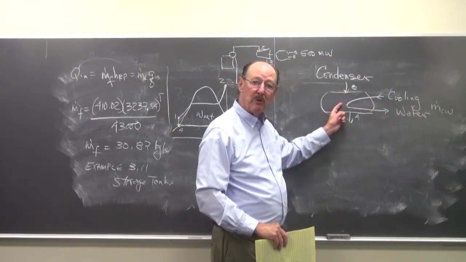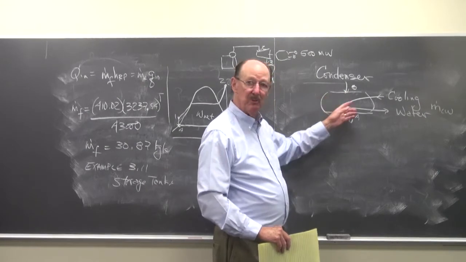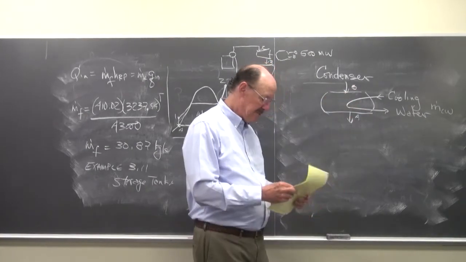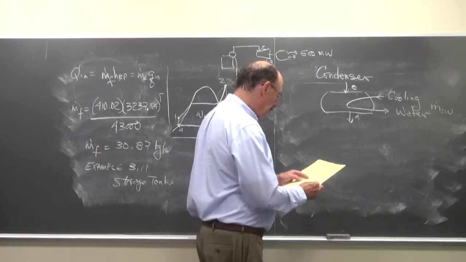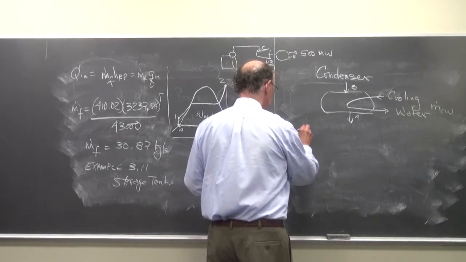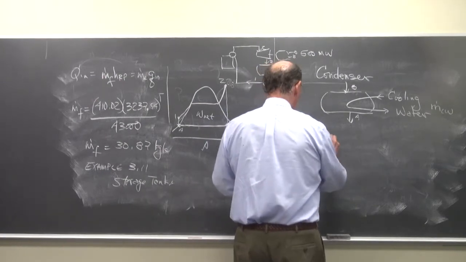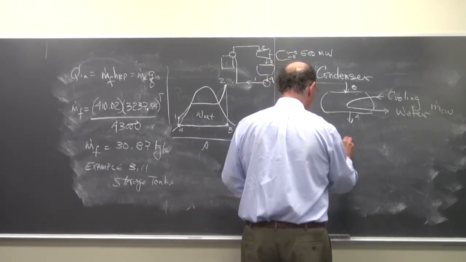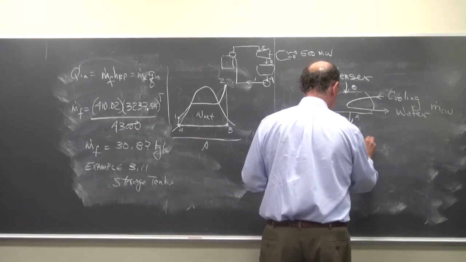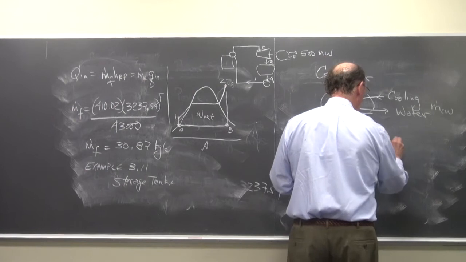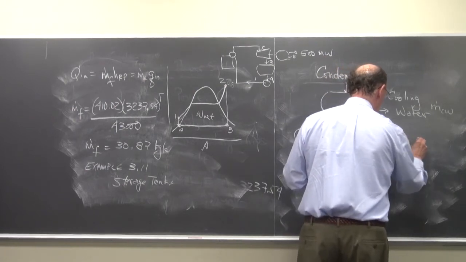The cooling water will go through the tubes. These are shell and tube heat exchangers. It will go through the tubes and out, and the steam condenses over the tubes. And then Q dot out is equal to M dot of the cooling water times del H of the cooling water. And this is equal to M dot S times Q out.